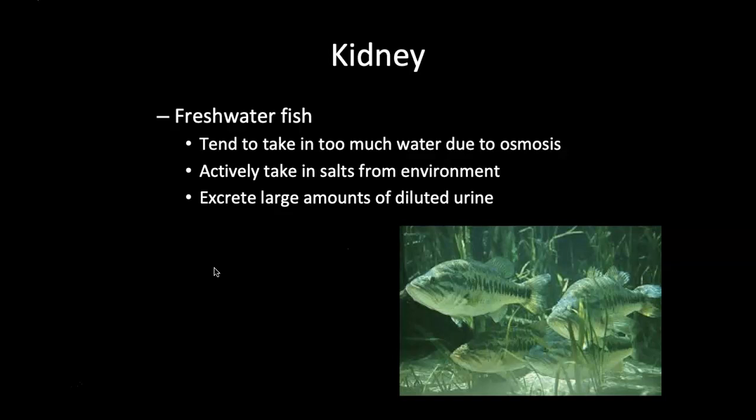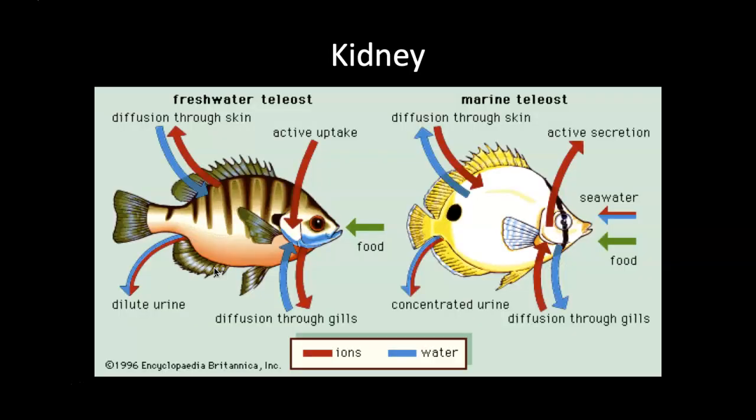So they'll usually be eating plant life or eating food or scraping algae off rock in order to increase that salt intake. And so what happens is these freshwater fish will actually excrete large amounts of diluted urine, and that urine is going to be just their way of trying to get rid of any water that they can, keeping them from blowing up in the water.